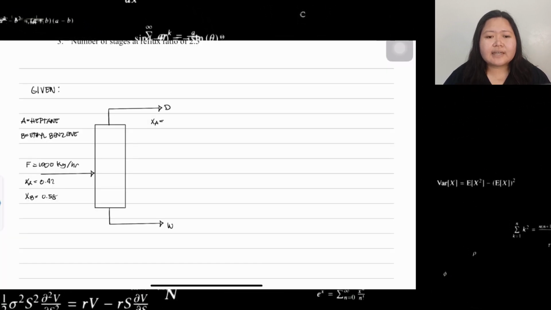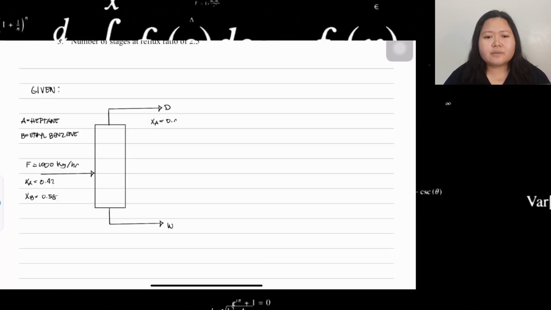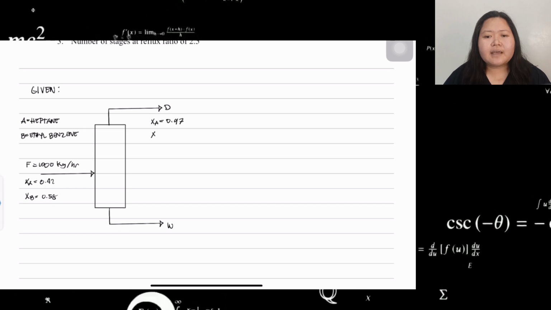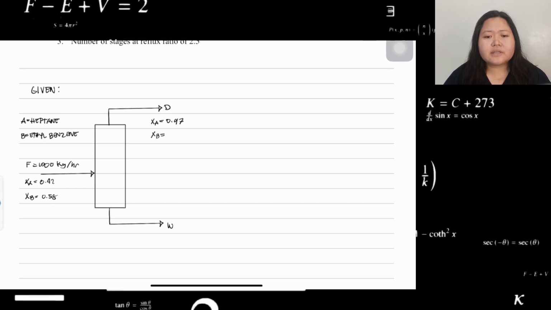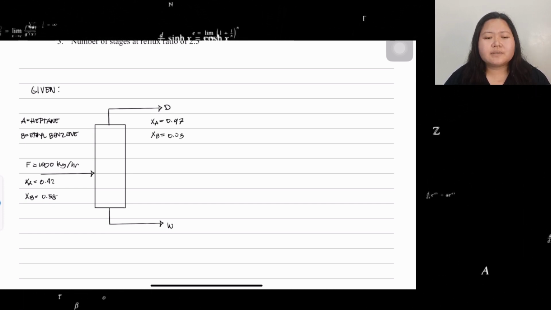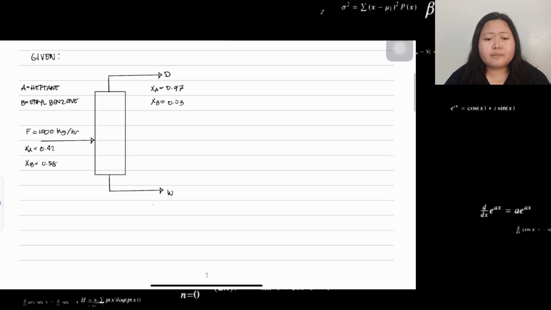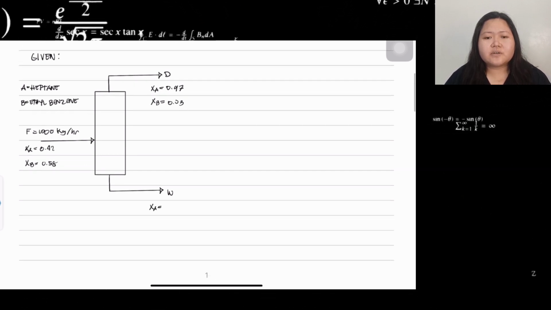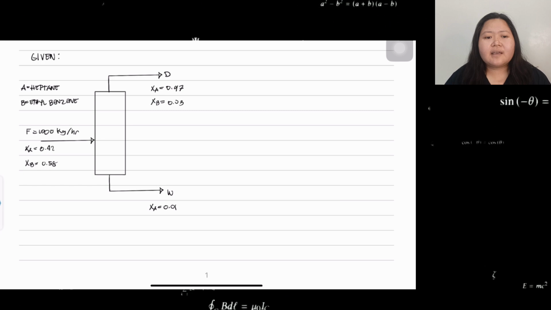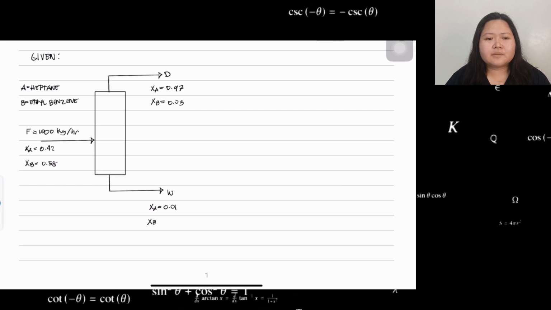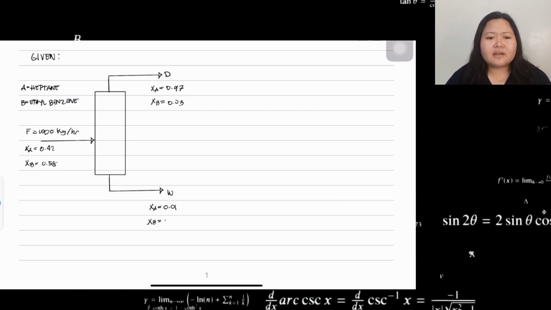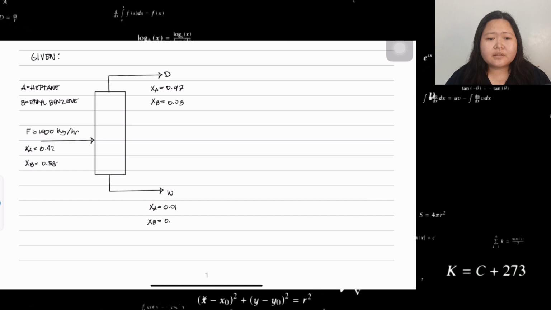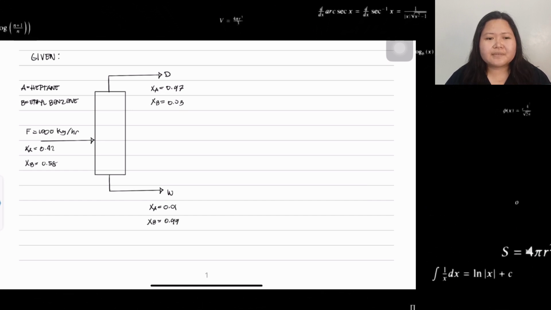For the distillate, it contains 0.97 mole fraction of heptane and 0.03 mole fraction of ethyl benzene. For the bottom stream, we have 0.01 mole fraction of heptane and the rest is ethyl benzene. For D and W, we will later on find the values.